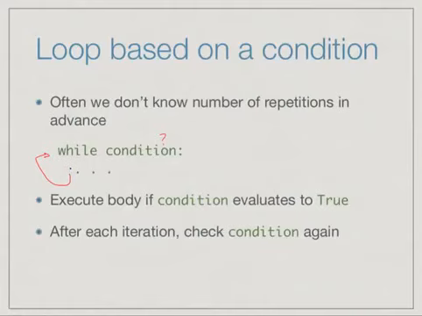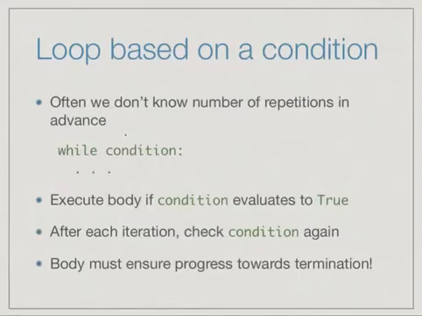In a while, we come back, we check the condition again, but there is every possibility that the condition will never become true. So we have to ensure when we write a while loop that somehow this sequence of statements we execute inside the while must eventually make this condition false. Because if this thing never becomes false, the loop will never terminate.